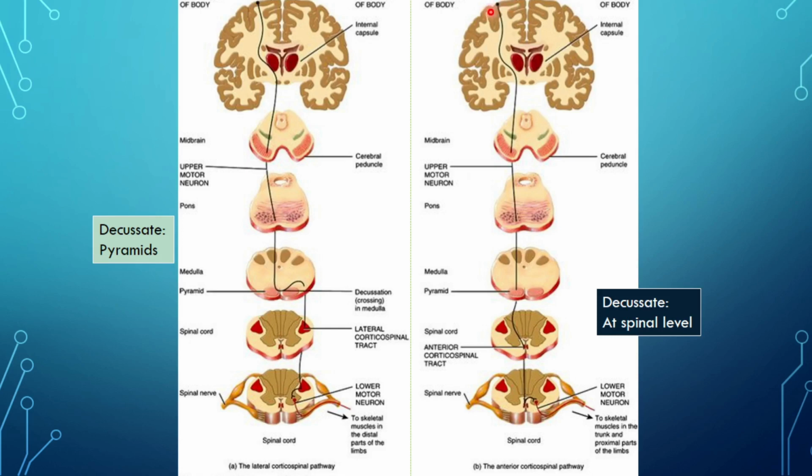So our impulse starts in, if we remember our homunculus as well, the hand area of the cerebral cortex on the right side of the body, because we're going to move our left hand.